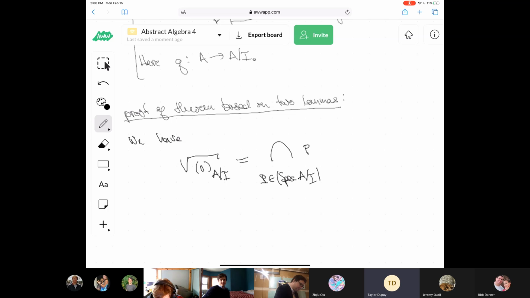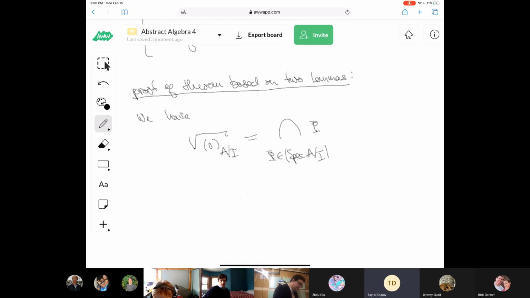So this was P bar. Then we just apply Q inverse to this equation, where Q is the quotient map.